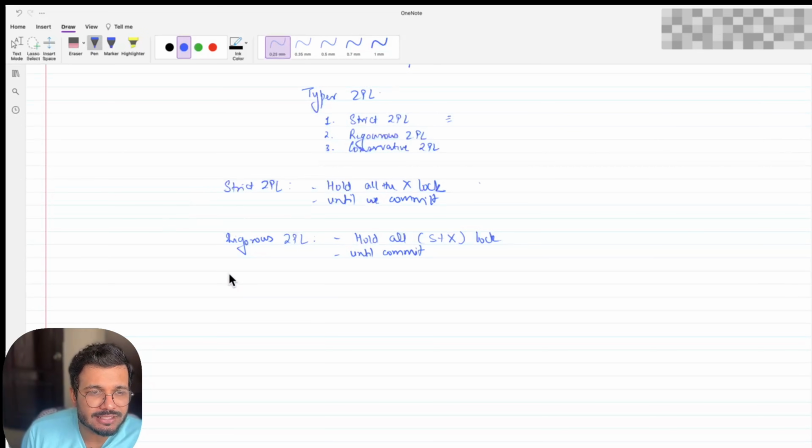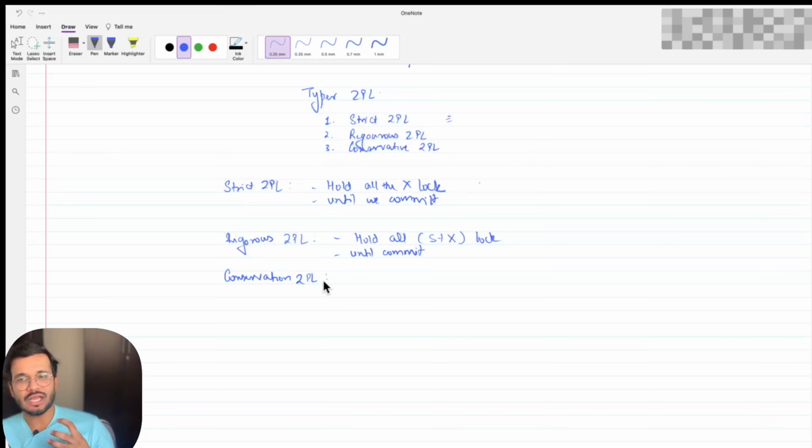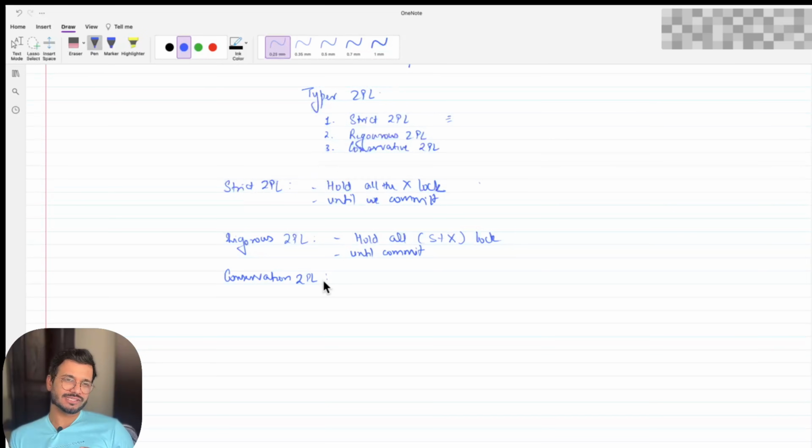The third one is conservative. In conservative 2PL, what we do is we acquire all the locks which we require from the beginning, because there's a problem with rigorous and strict 2PL.